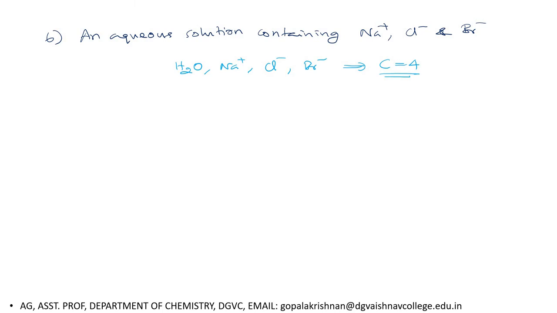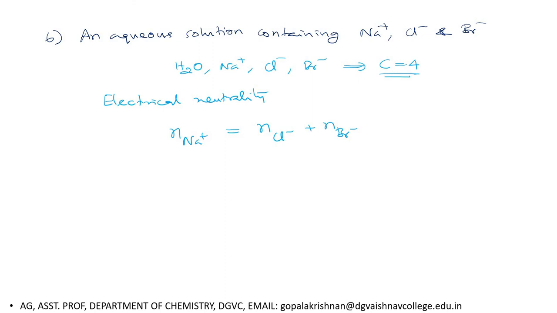To maintain electrical neutrality, the total positive charge and total negative charge should be equal. So let me equate the total positive charge first. We have sodium ions here, so the number of moles of sodium ion, which is the only positive charge ion, should be equal to the number of moles of chloride ion plus the number of moles of bromide ion, because the negative charge is due to chloride as well as bromide.